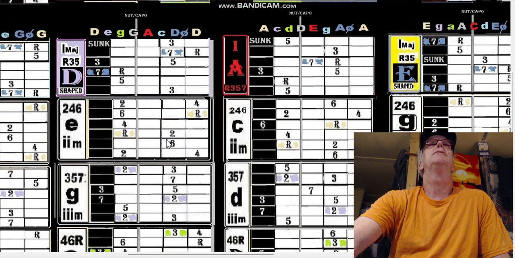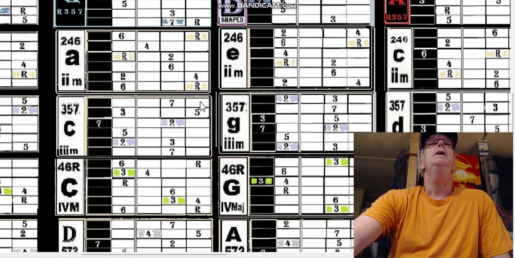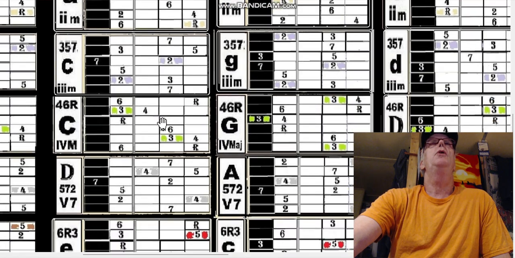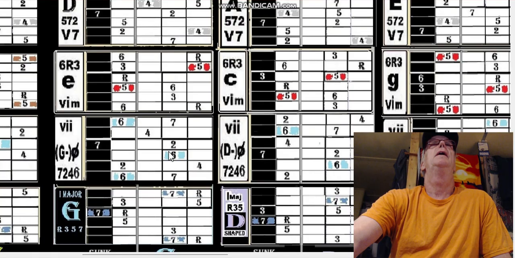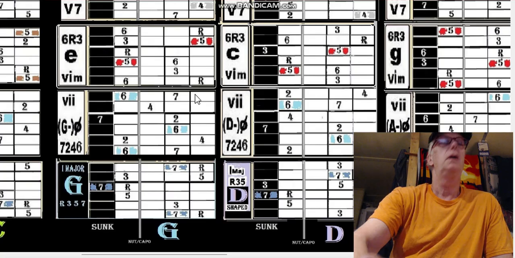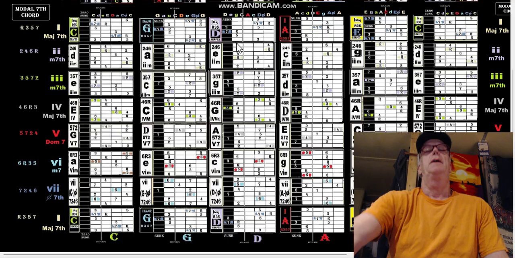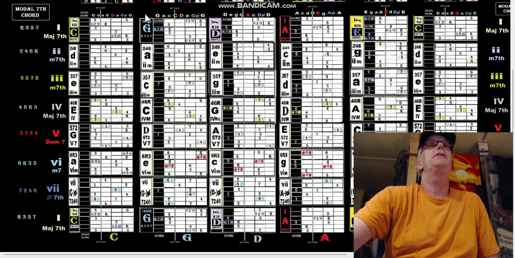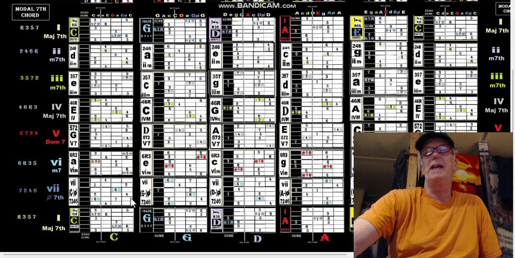let's look at, we were in the G box here. There's really only one mode that needs that 7, and it would be this one. Alright, let's zoom out a minute. Okay, hardly any, first of all, in the C box there's no sunken notes, so none of the modes need to be rescaled.